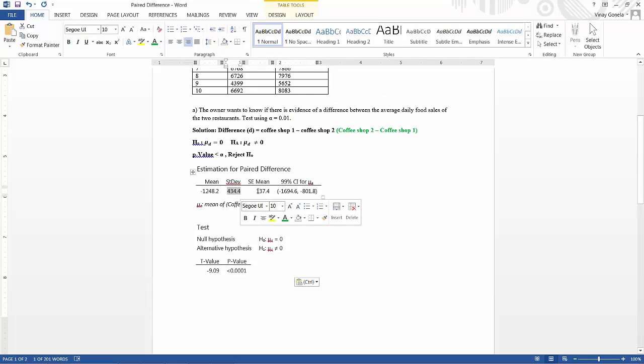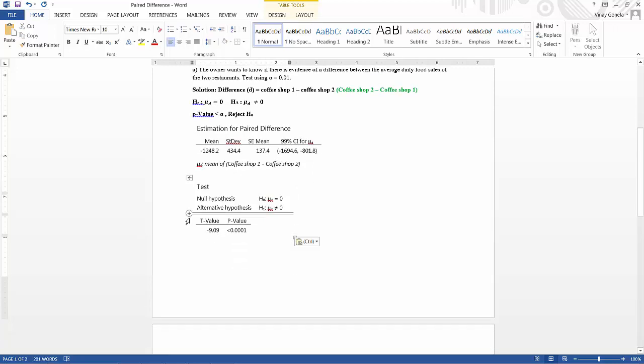The standard error of the mean is 137.4 and the 99% confidence interval is negative 1694.6 comma negative 801.8. Negative 1694.6 is the lower bound and the upper bound of the difference is negative 801.8.